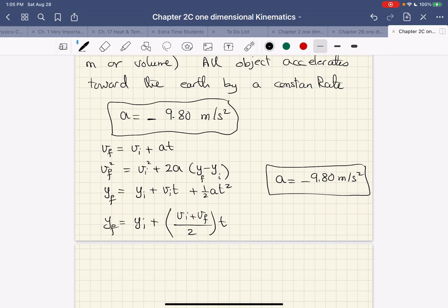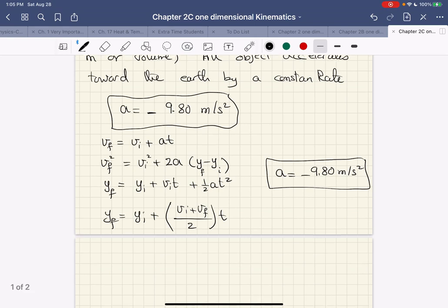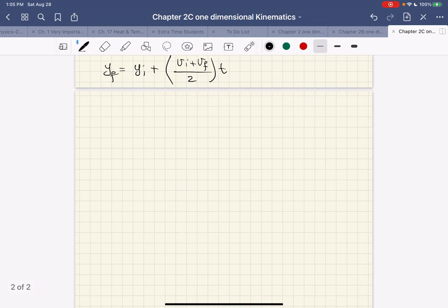Now I'm going to solve for you a problem about free fall. This is example 1. We will do the same thing that we did with constant acceleration motion, and I'm also going to use the one from your textbook.